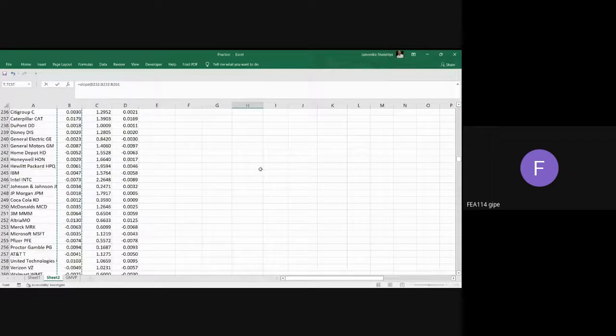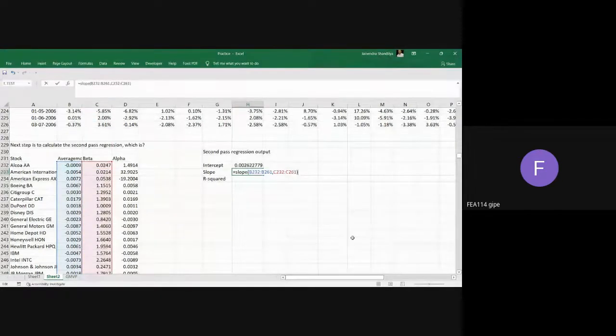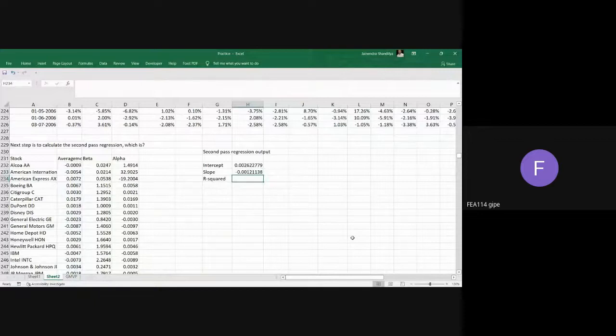So I selected this. We calculated slope. Slope also is very low.